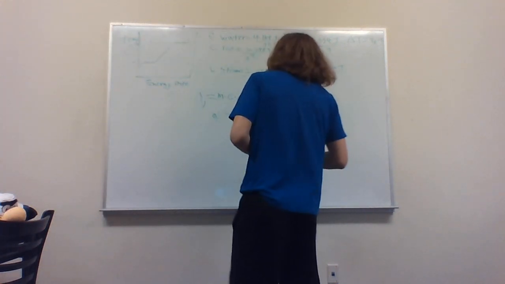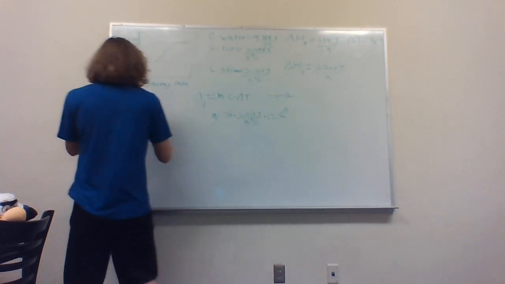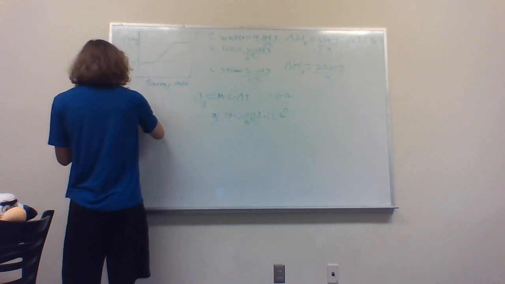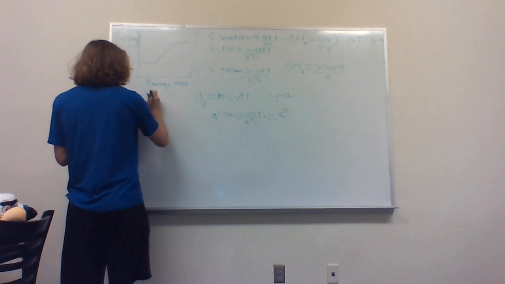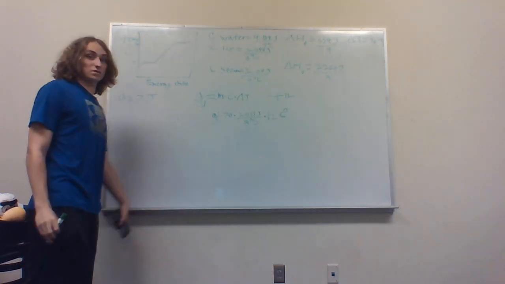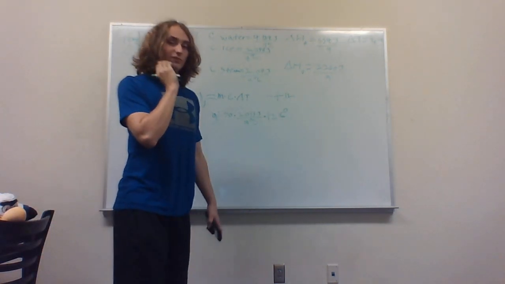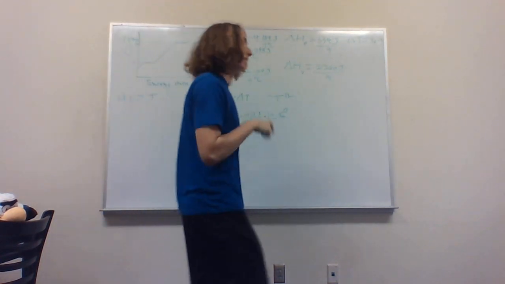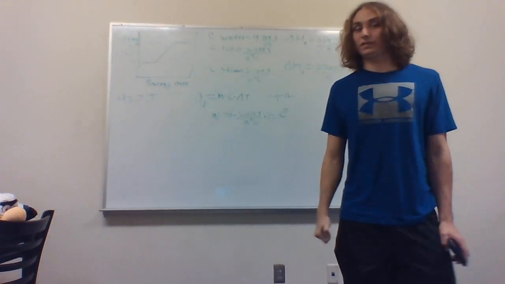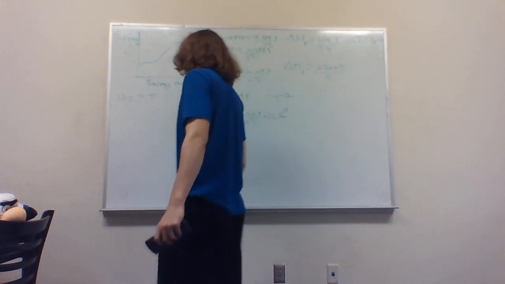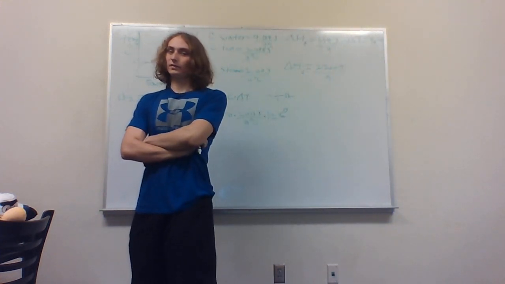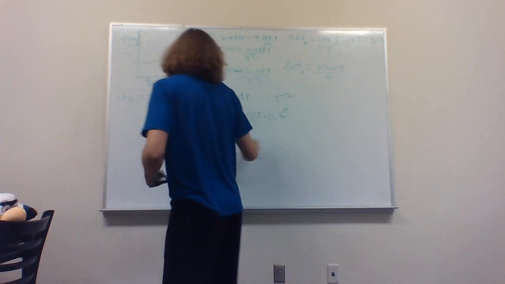And this gives us 42.7 joules. We're not done yet though. We've converted negative 12 degrees ice to 0 degrees ice. We now have to convert, or, yeah, I think we have to convert 0 degrees ice to 0 degrees water. So let's see what that does.